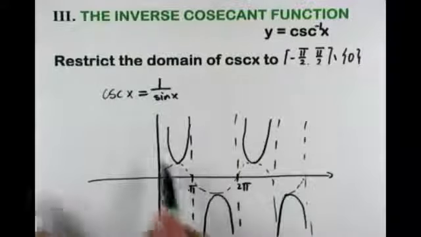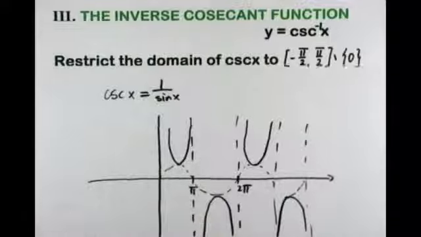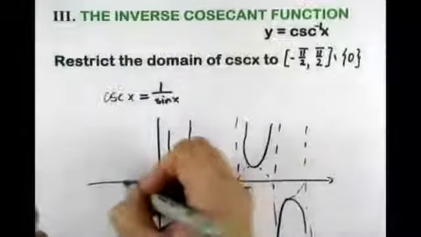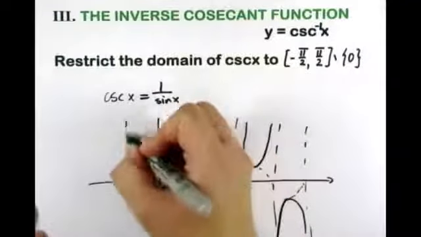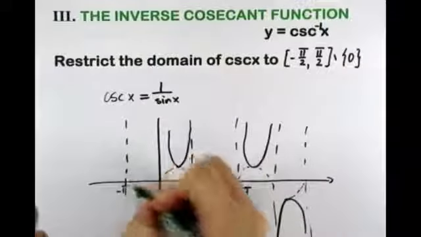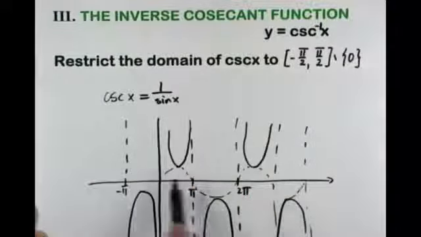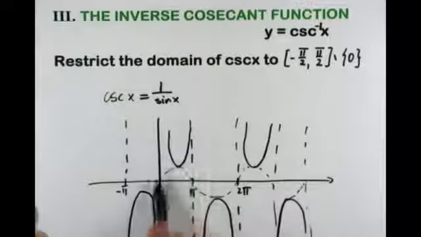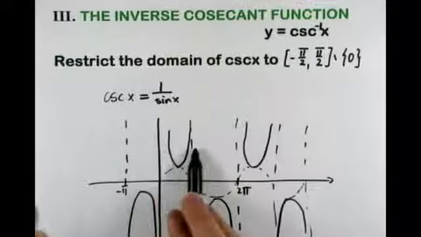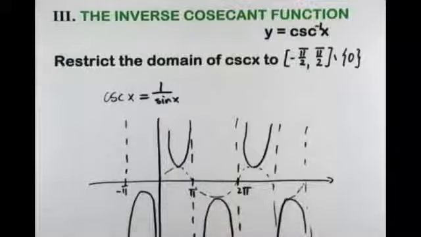So now we cannot take just this part, and on the other side minus pi is another asymptote, and the graph is right here. Okay, so we cannot take only from 0 to pi because this graph is not 1 to 1. So we can only restrict the domain as we did before.